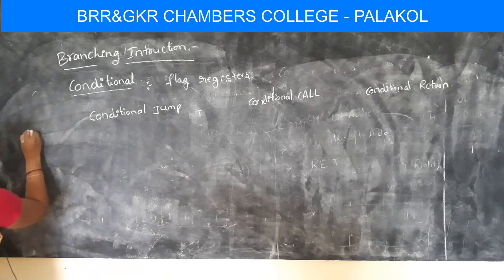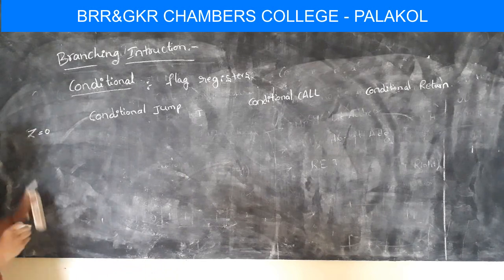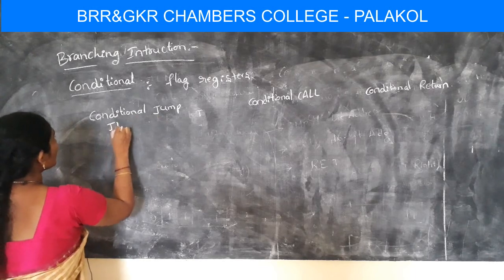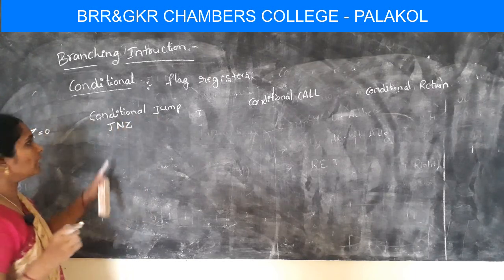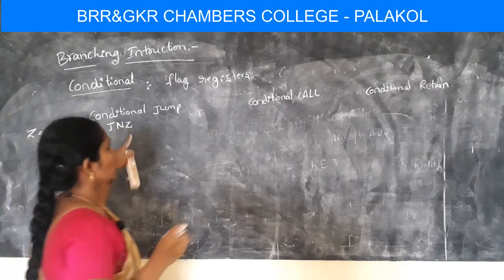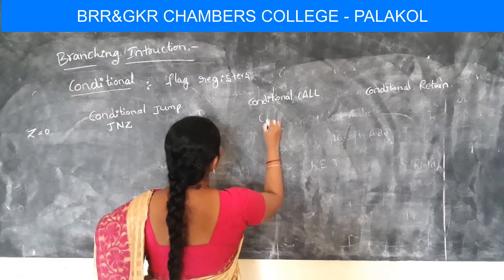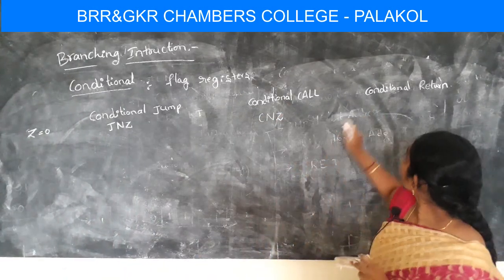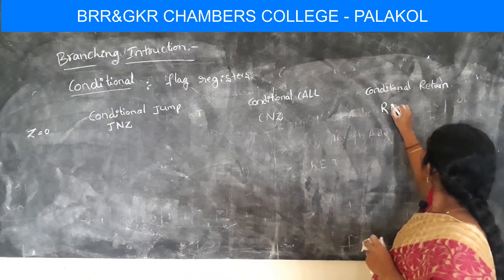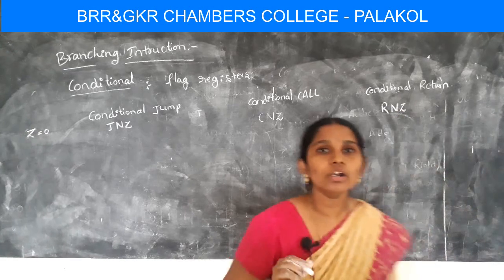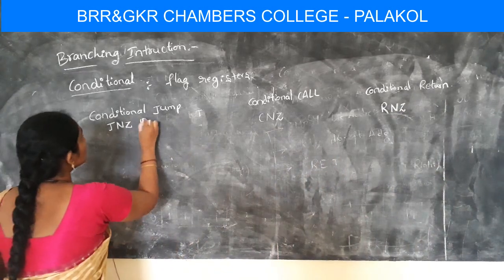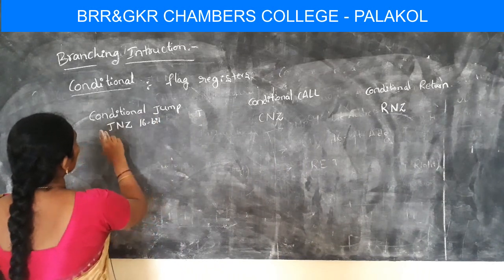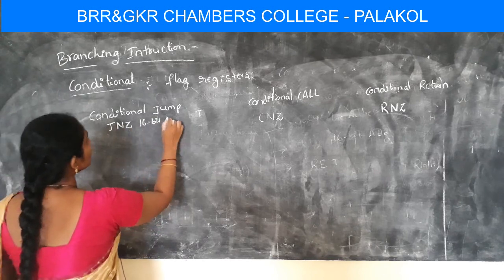Now coming to the conditional jump. Here Z equal to 0 is the zero flag. So JNZ is nothing but jump non-zero instruction. This is call non-zero instruction, and after that conditional return, return non-zero instruction. After these instructions we have to write the 16-bit address.